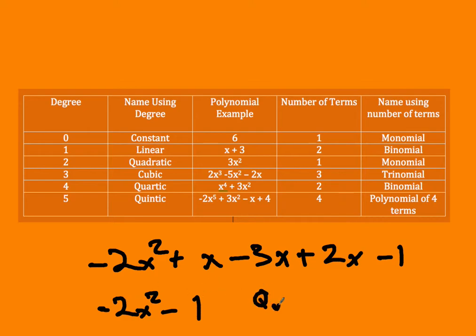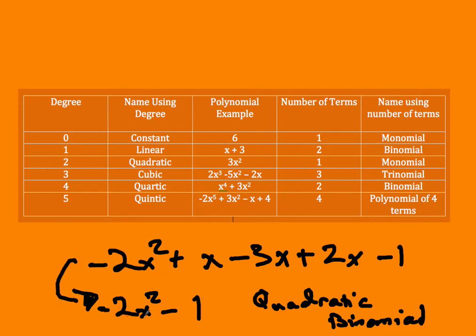So this is a quadratic binomial. You might have said it's a quadratic polynomial of 5 terms, but it's not, because once you simplify, these two things are the exact same thing, and this is a quadratic binomial. Simplify first and then classify.